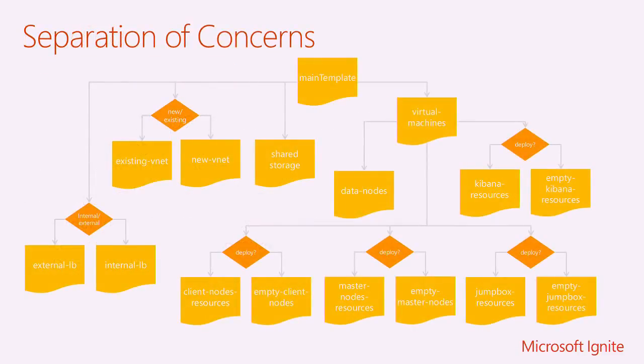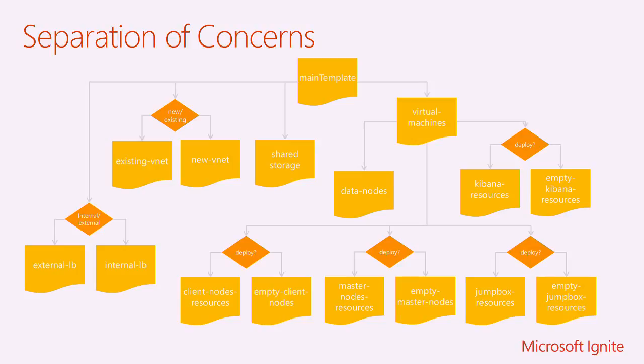The other thing to bear in mind, and I've touched on with linked templates, is separating your concerns. This is a very, very rough overview of what the Elasticsearch template actually deploys and how it deploys those things. We start at the top here with the main template, and then we gradually work down from it.